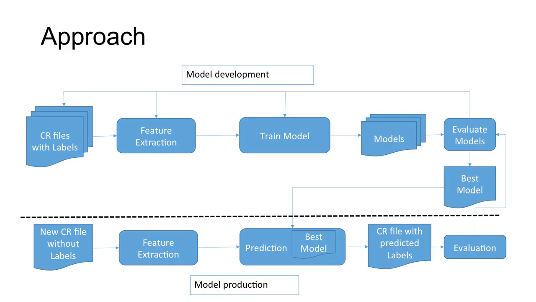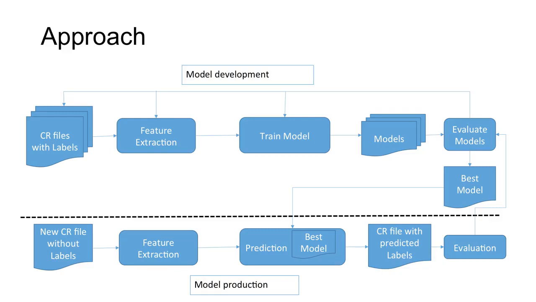We do feature extraction, that means measuring similarity of the record pairs using different algorithms and capturing the domain knowledge. We train with those features using different machine learning techniques, and we have lots of models. Then we evaluate them based on accuracy and select the best model, which goes to production.